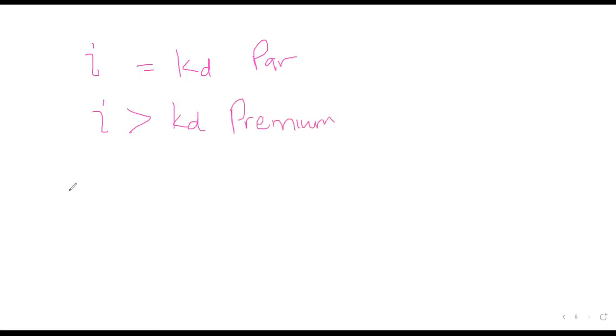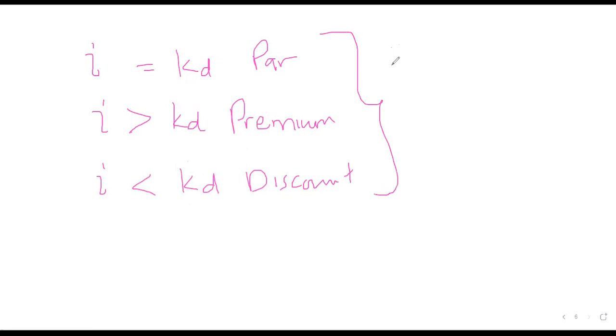So we have a coupon interest and we have a market rate. If the coupon interest is equal to the market rate, we call this a par bond. If the coupon interest is more than the market rate, we call this a premium bond. If our coupon interest is now smaller than the market rate, we call this a what? A discount bond. Now, how do we tell a discount bond if we're not using the interest rates?